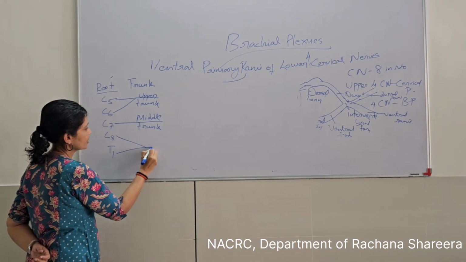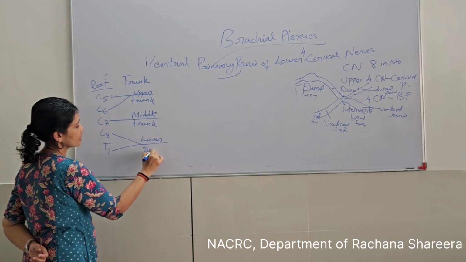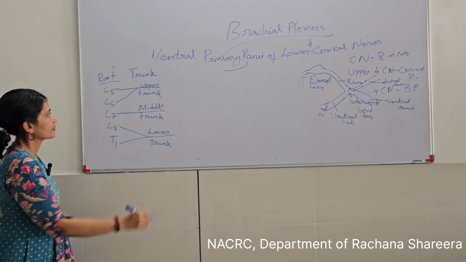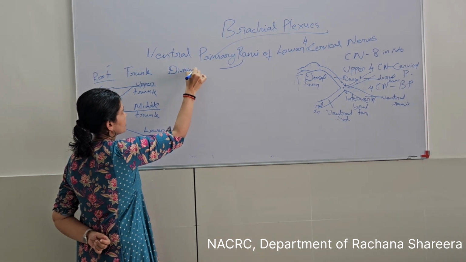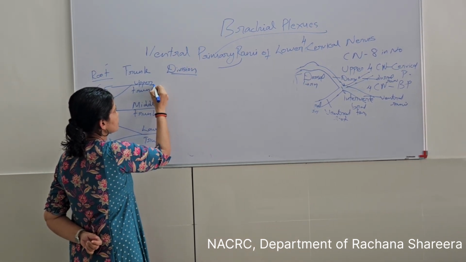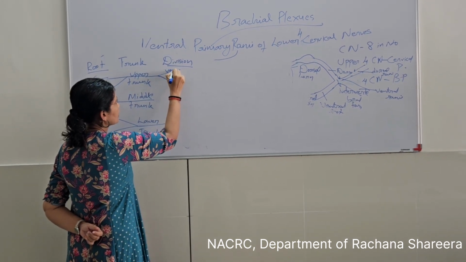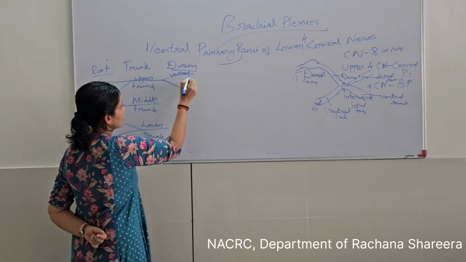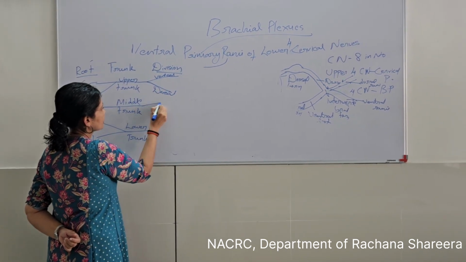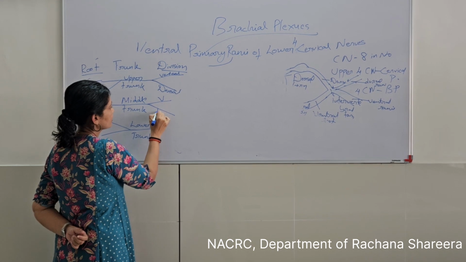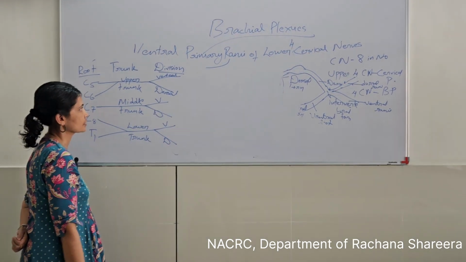C8 and T1 unite to form the lower trunk. Next comes the division. I told you each trunk divides into two: ventral division and dorsal division. Again these two, ventral and dorsal. Again these two, ventral and dorsal.